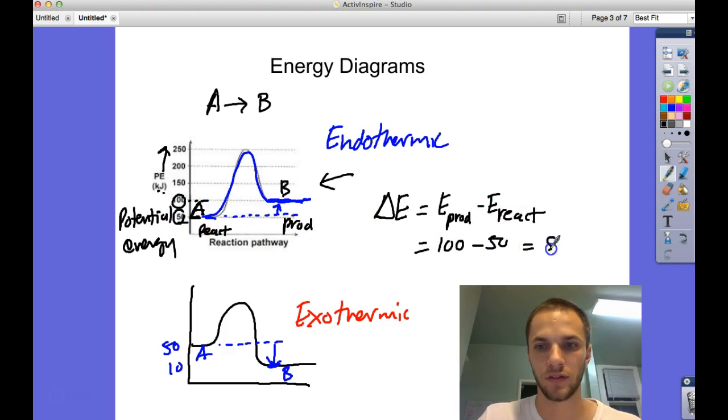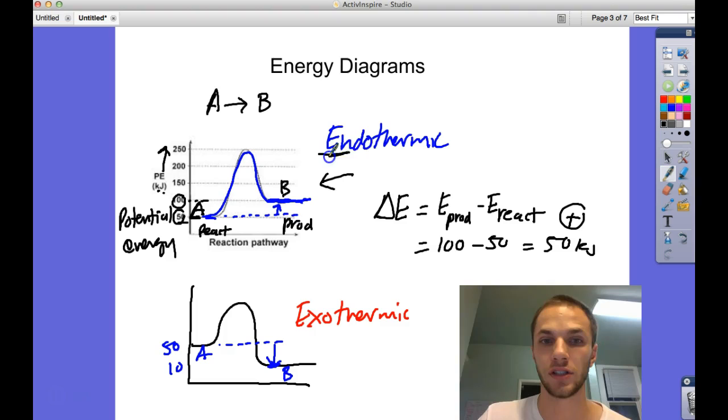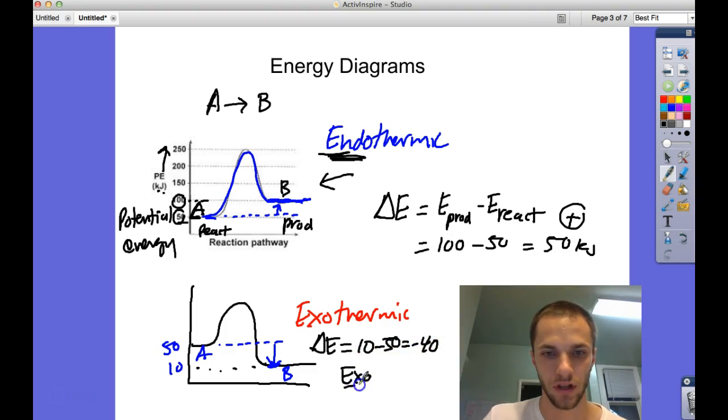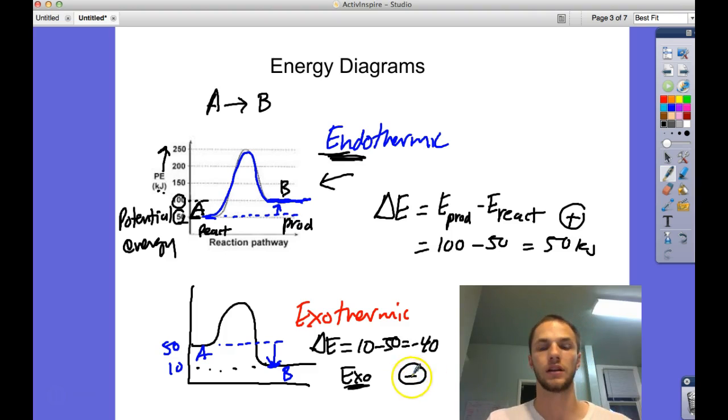So 100 minus 50 is 50 kilojoules. This is a positive number, which means that the reaction must have gained energy. That's why it's endo. Over here, on the other hand, the change in energy is going to be your final, which was about 10, minus your initial of reactants, 50, which is negative 40, which clearly shows an exothermic process because it's negative.